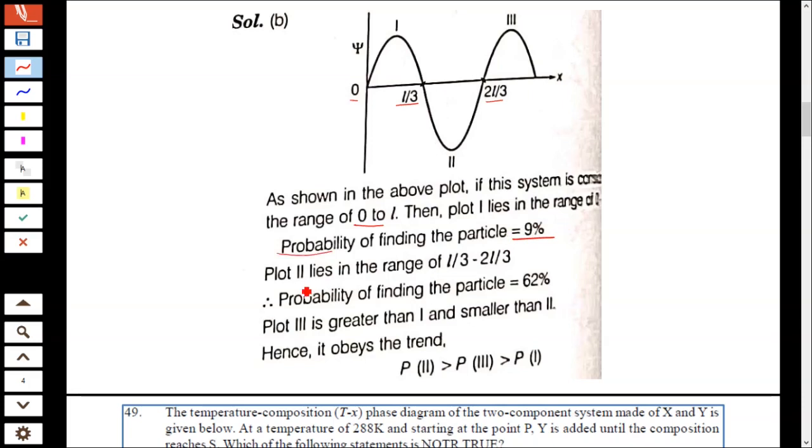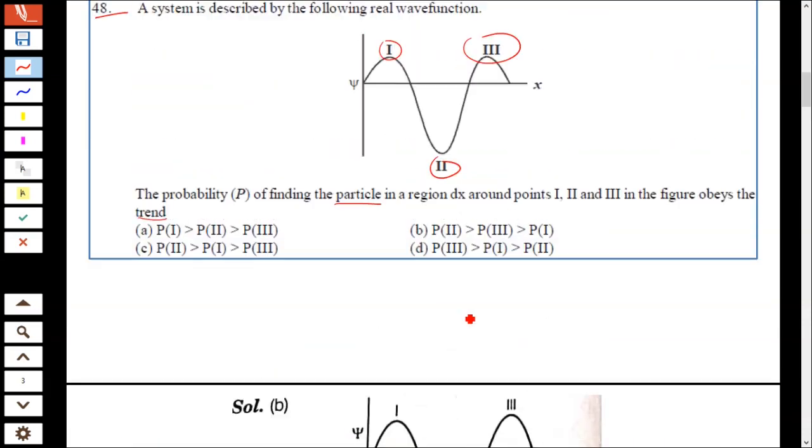Plot 2 lies in the range of L by 3 to 2L by 3, the probability of finding the particle is 62%. Whereas plot 3 is greater than 1 but smaller than 2, hence the trend obeys that P2 is greater than P3 than P1. Option B is correct. Here option B is correct.